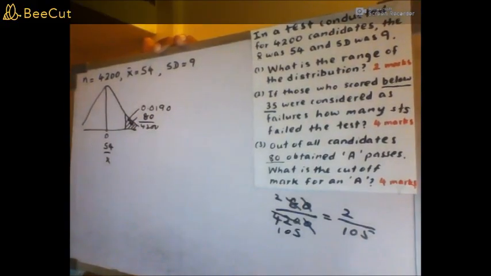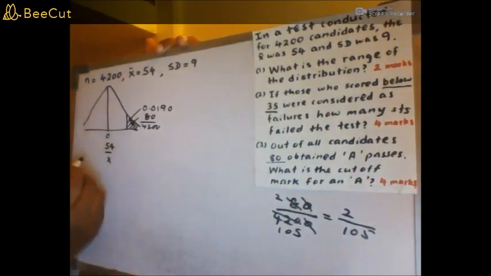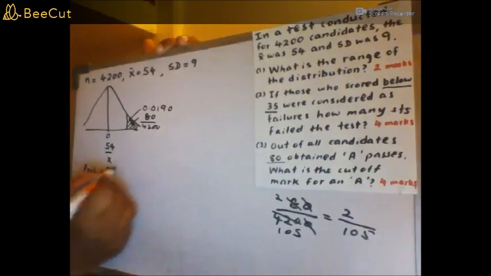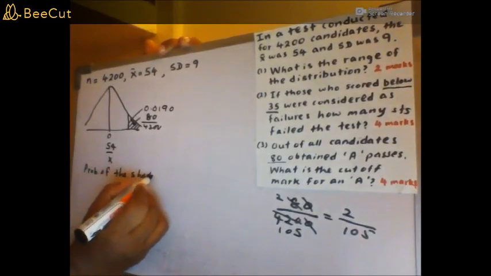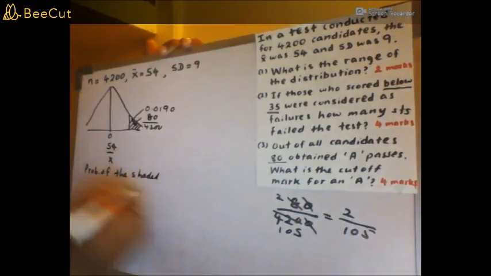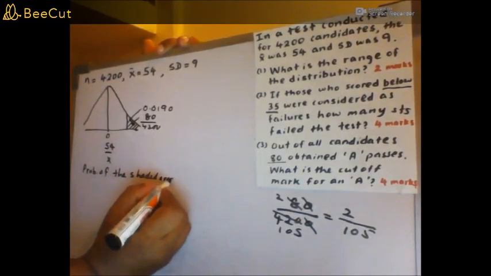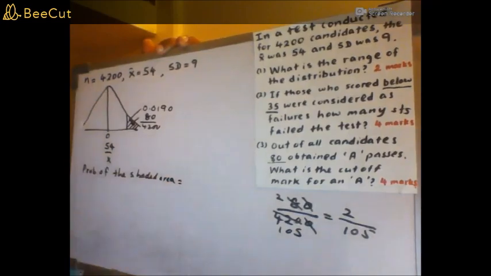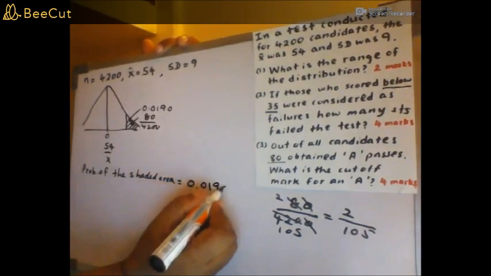right? Now we'll write the lines. Probability of the shaded area. At least you just do the calculations if you can't write the lines. Probability of the shaded area is what? 0.0190.